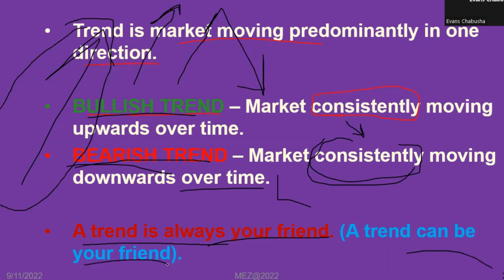Every person who knows how to trade, before they even press a trade, needs to identify the market condition. Am I in a bullish trend, a bearish trend, or a ranging market, whereby the market is not trending in any direction? It is just moving up, down, up, down like that. That way you avoid false signals and losses.